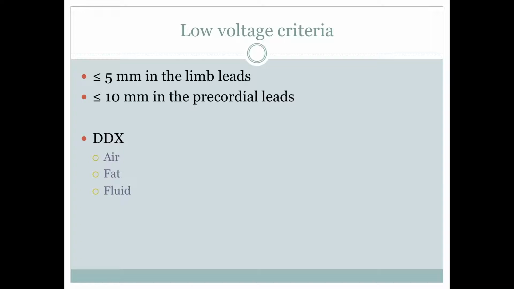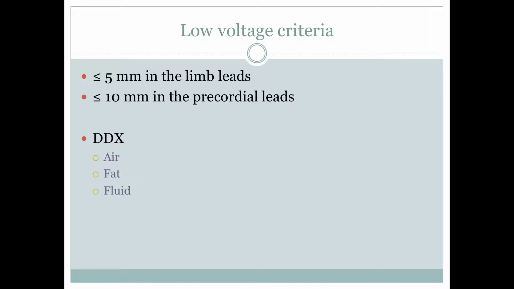So if there's a new onset of low voltage, you'd be hard pressed to say that the low voltage is because of the person being obese. And then there's obviously fluid, and all of you will know that things like pericardial effusions or pleural effusions can get in the way of the electricity passing quickly and at full conductance to the electrodes. So it kind of makes intuitive sense why that would cause low voltages.